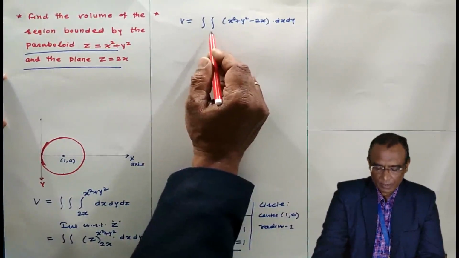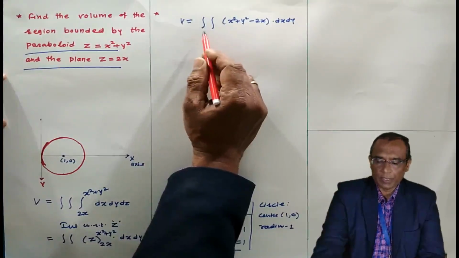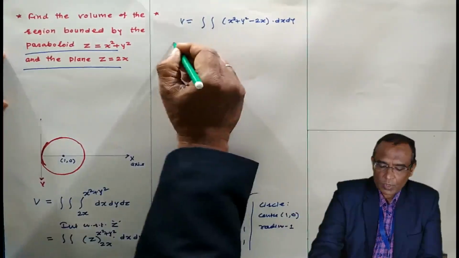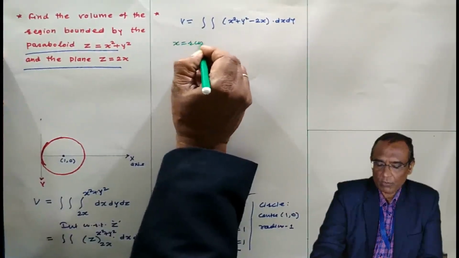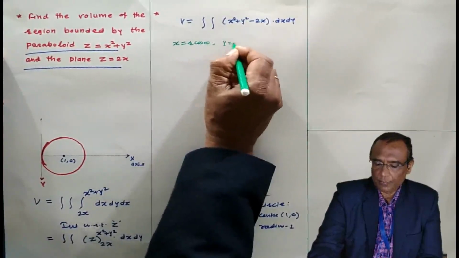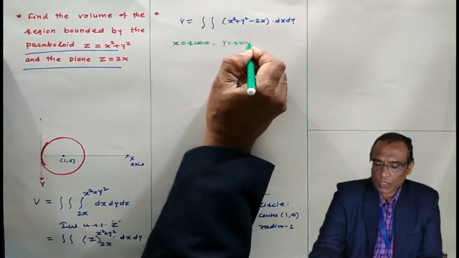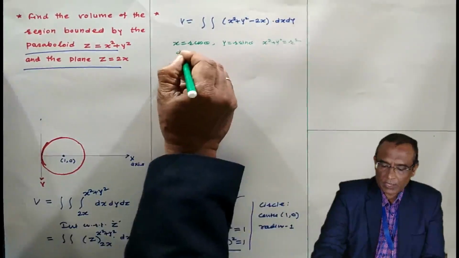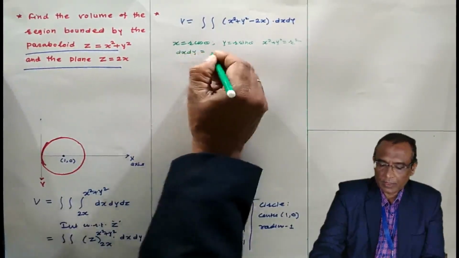We have to find the limits of the double integral, so I am going to convert this into polar form. Let's substitute x equal to r cos theta, y equal to r sin theta. Then x square plus y square is r square, and dx dy is r dr d theta.